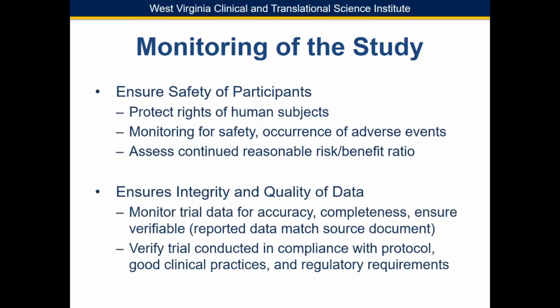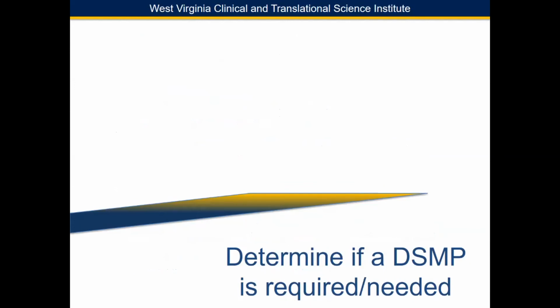So we monitor trial data for accuracy, completeness, and verifiability, and verify the trial is conducted in compliance with the protocol, right? Because when you're doing that monitoring, you're going back to the protocol, you're looking at good clinical practices, you're looking at regulatory requirements. So making sure all of that is being done in that clinical trial and that they're following the protocol that they wrote. The current version of the protocol.